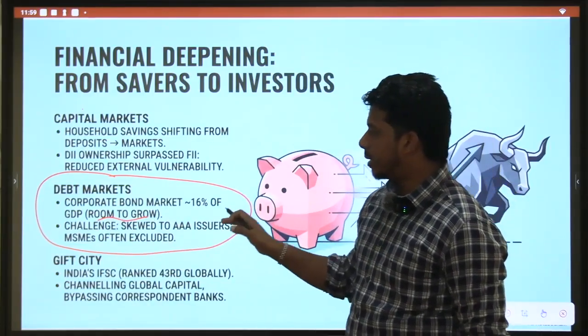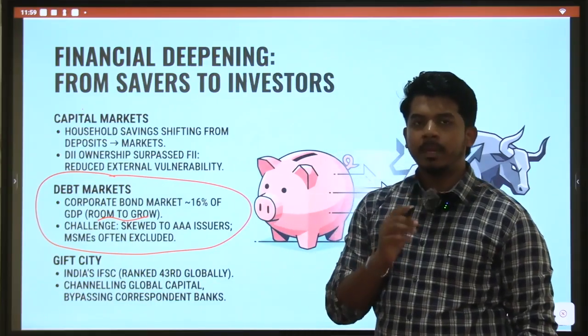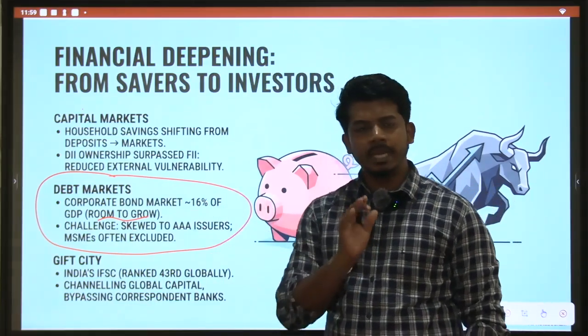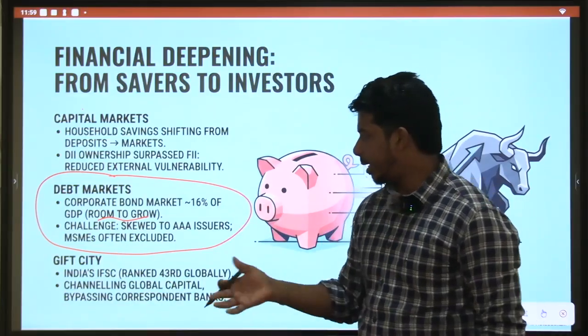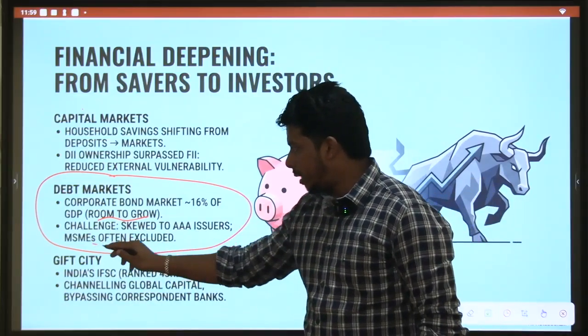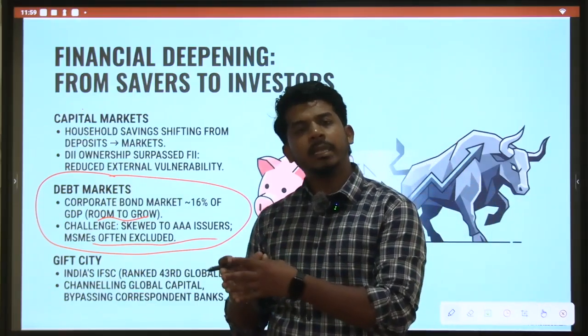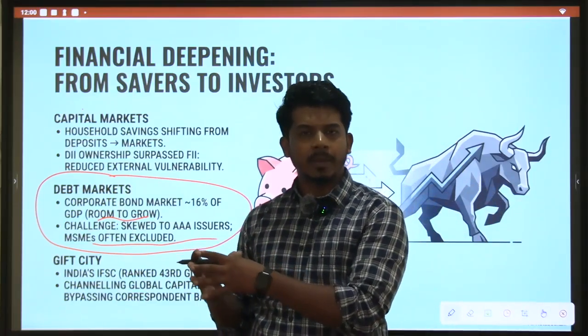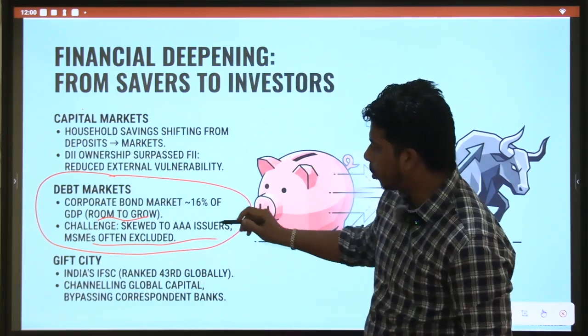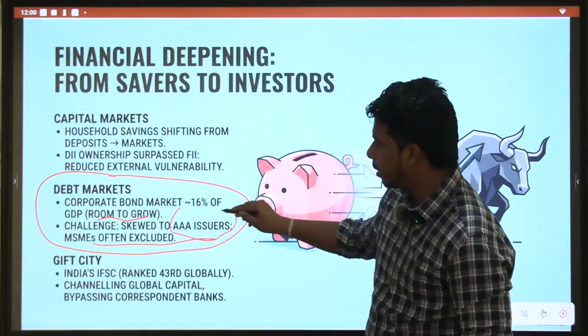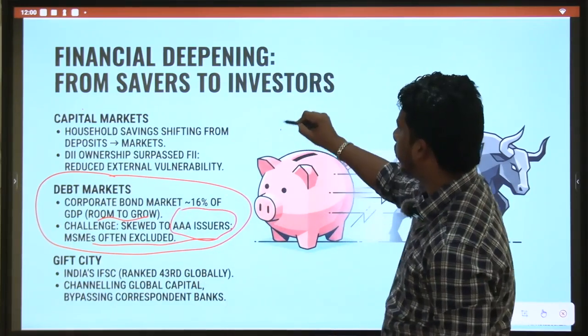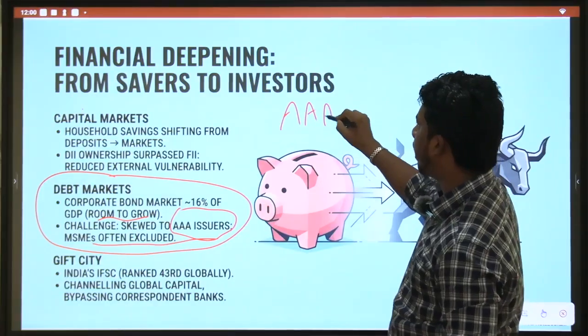Another challenge here is that not only is there not enough growth, but all the debt bonds, whatever loans are available in the capital market, are only going to those borrowers who have a high rating. We already know AAA rating means very high.